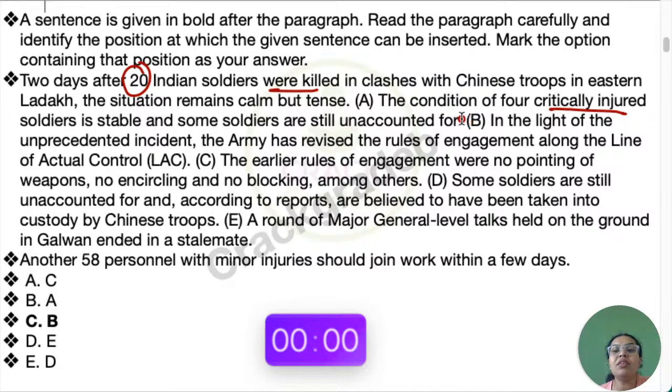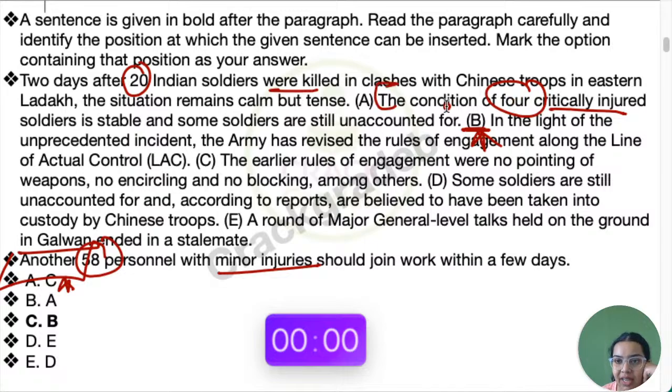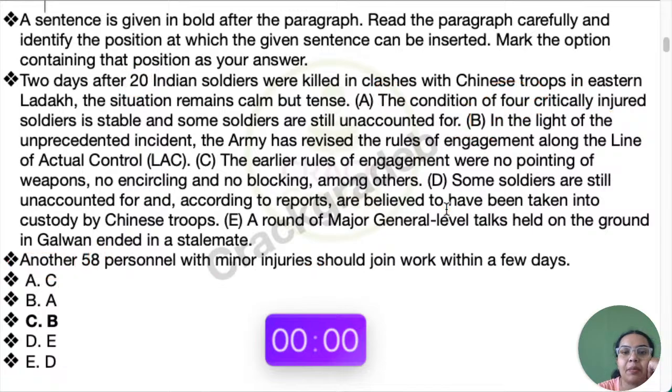Then we go to an even lesser one, that is some people with minor injuries. And also another. That means apart from these four, there are 58 more personnel. Because of this word another, it is going to be used in this place after this statement. So your sentence fits here.